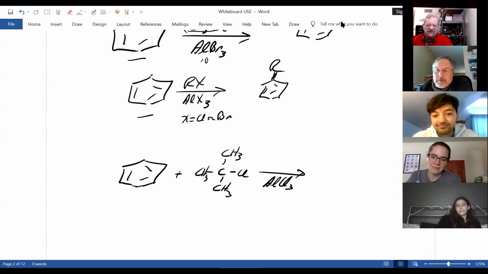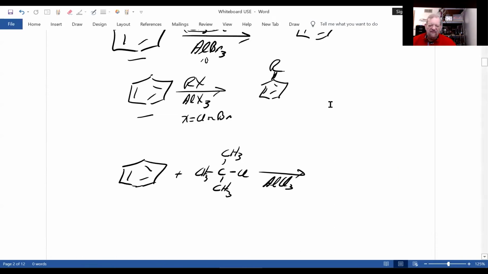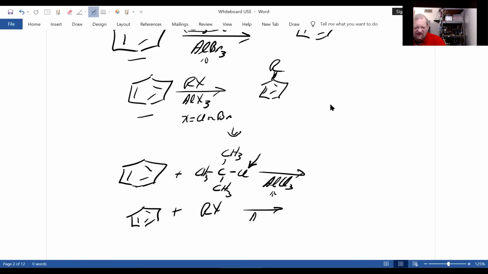All right, let's get to work. If I look at this reaction, what's different? Ooh, a benzene ring. Ooh, what's this? Look for what's different. What's not a carbon-carbon single bond, carbon or hydrogen? Oh, look, a halogen. This is an alkyl halide. And I have an aluminum trichloride, which is this.